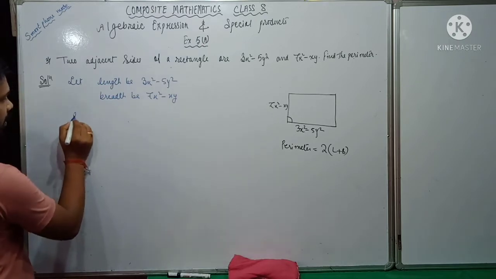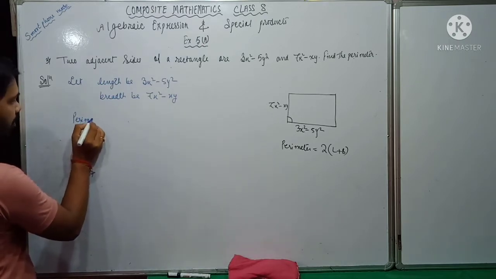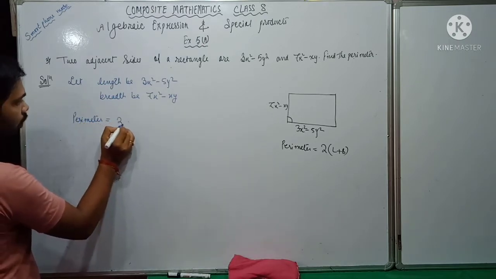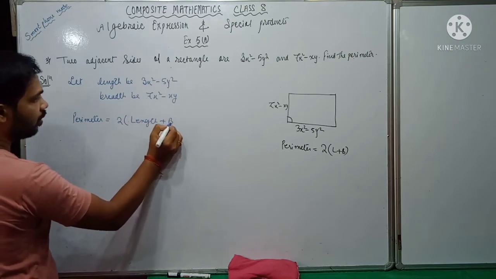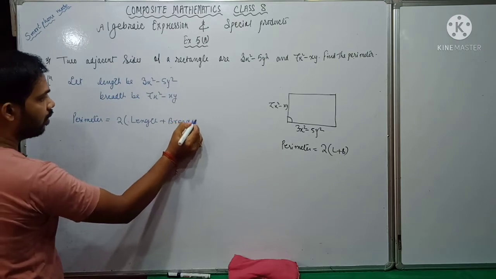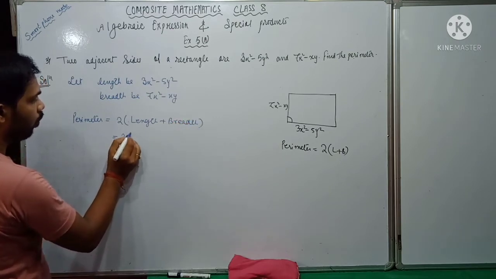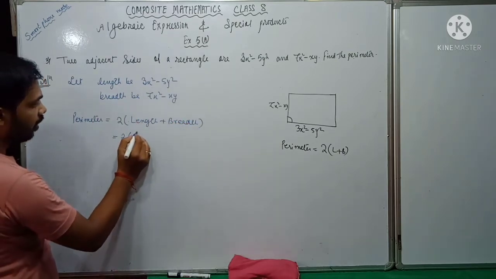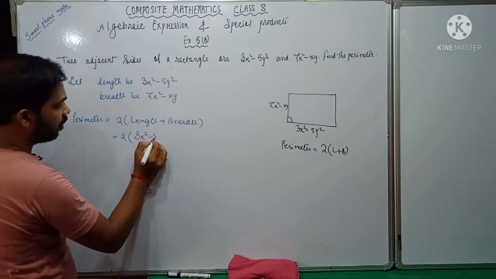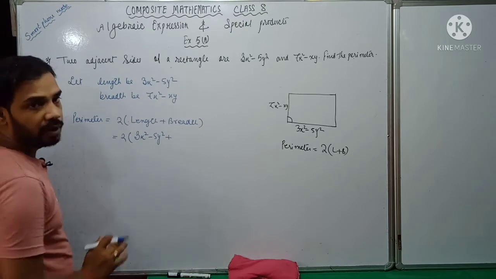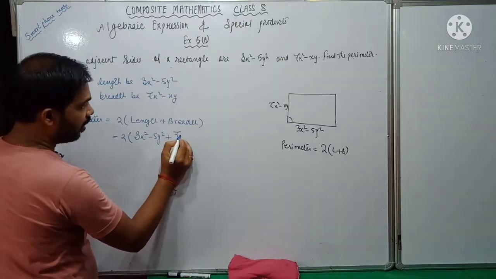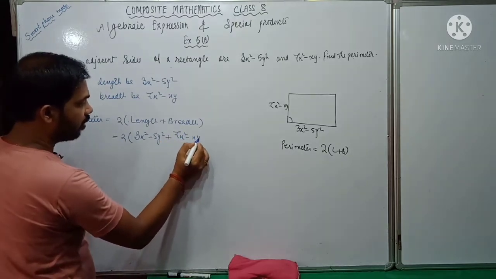So perimeter will be 2 into (length plus breadth). So it will be 2 into (3x square minus 5y square plus, see here plus sign is there, so I will not put a bracket, okay, 7x square minus xy).